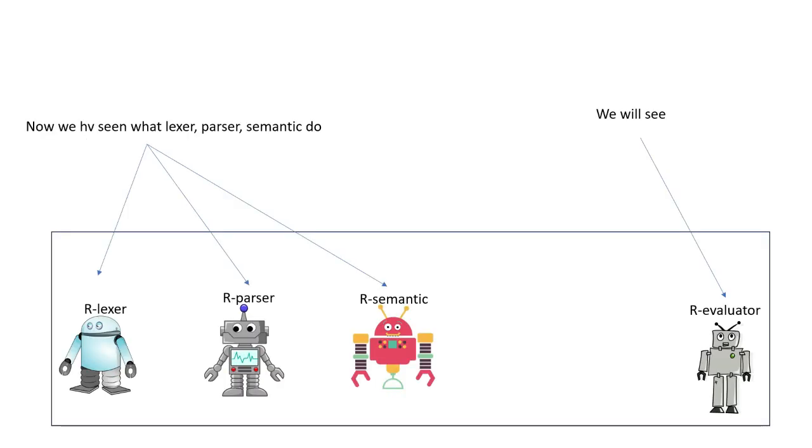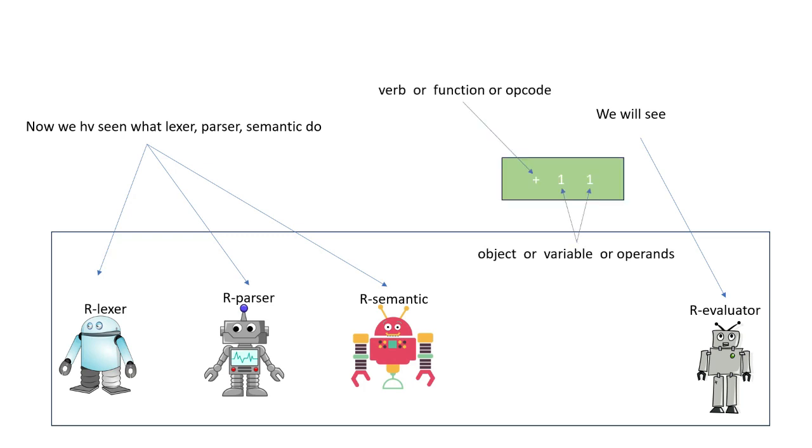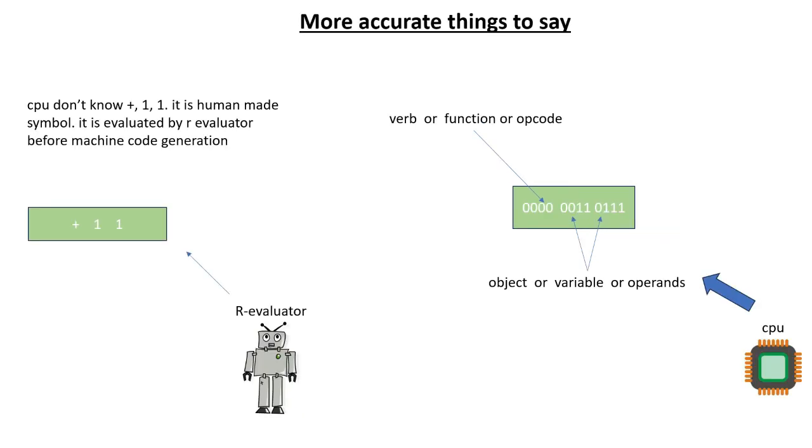We have seen what the lexer, parsing and semantic check are doing. Now let's see the R evaluator. For the R evaluator, everything is a verb or function. To be more accurate, if you see the CPU instructions, the machine code, in language terms, everything is a verb and objects.